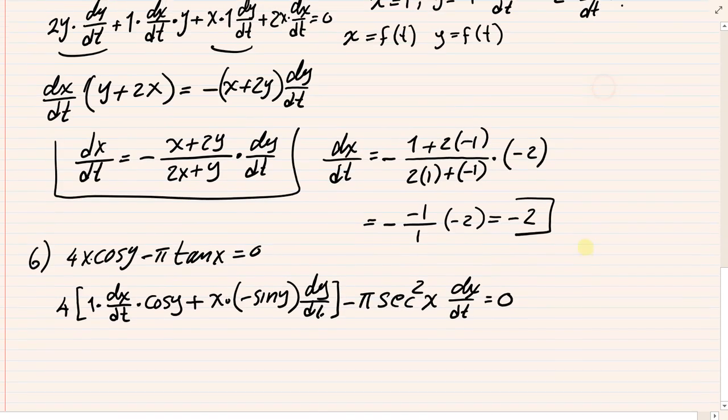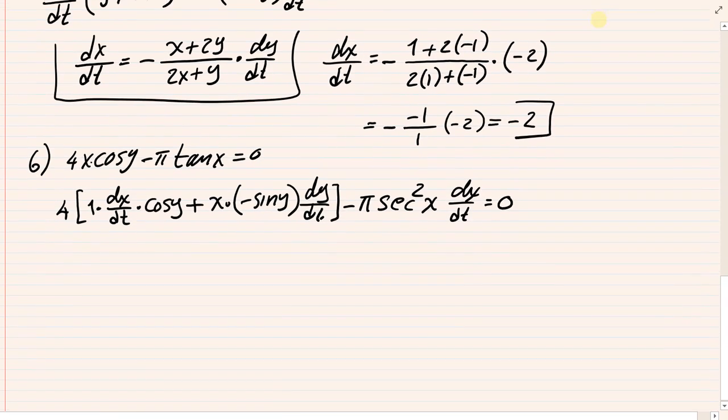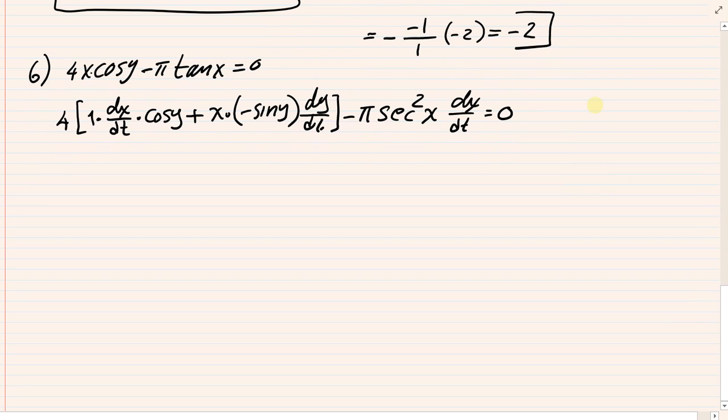Now remember, we want to solve for dy dt. So let's group our dy dt's and dx dt's together. The only dy dt is this one, right? So I'm just going to put negative x sine y dy dt.